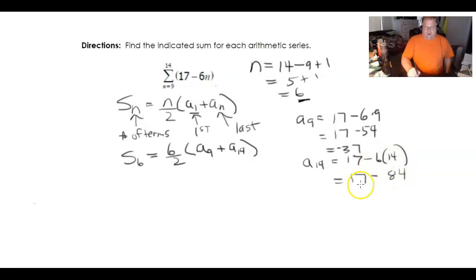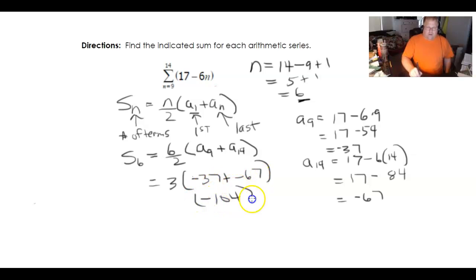Yeah, 84. So that's going to be negative 67. Alright, so now we've got 3 times negative 37 plus negative 67. So that's negative 104 times 3. So that's going to be negative 312. That's my sum.